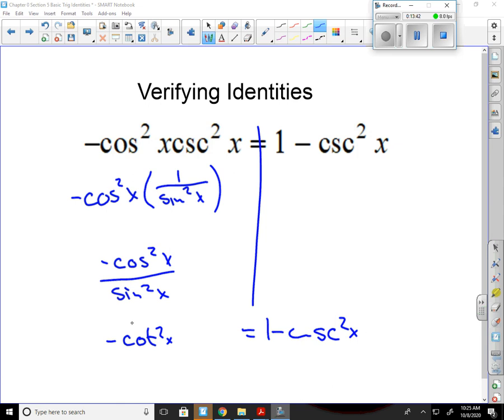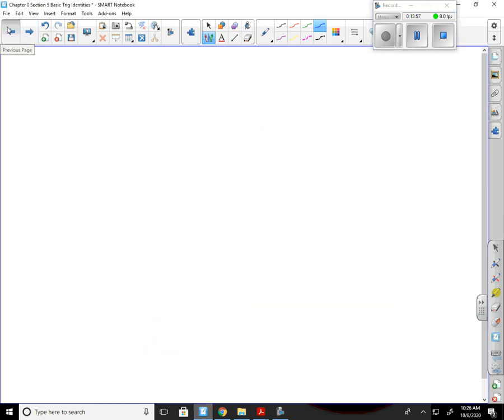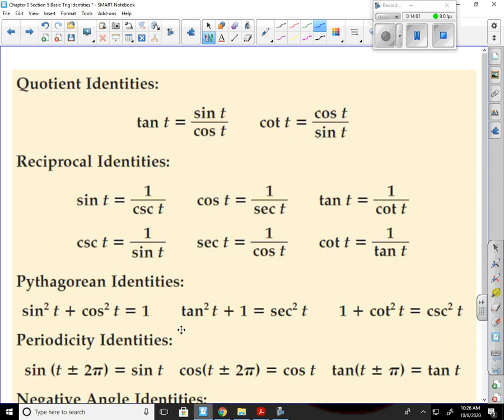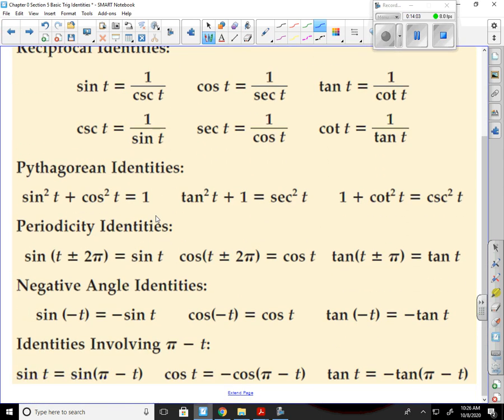Now again, I can't do anything with this side. Is there any way to simplify this any further? Not really. So what we have to do is look back at our identities. And here we have the Pythagorean identities.